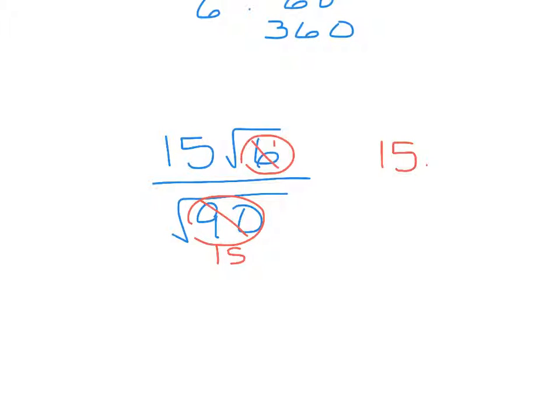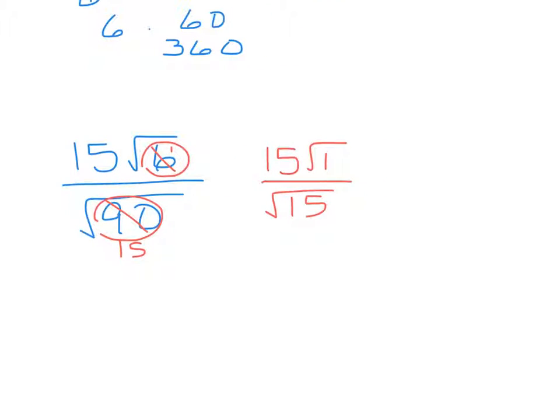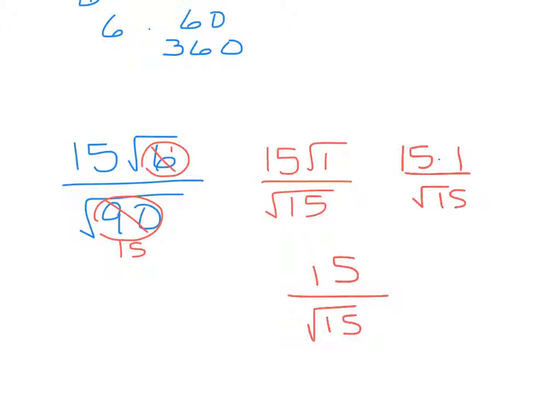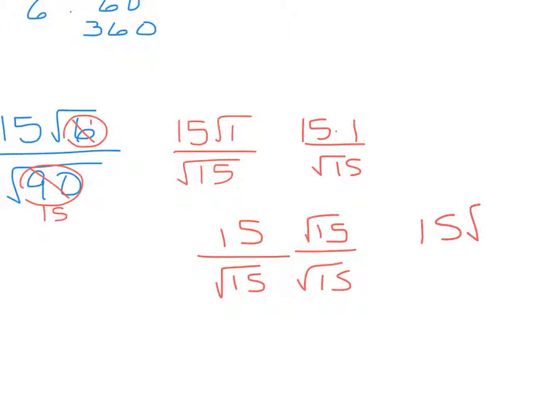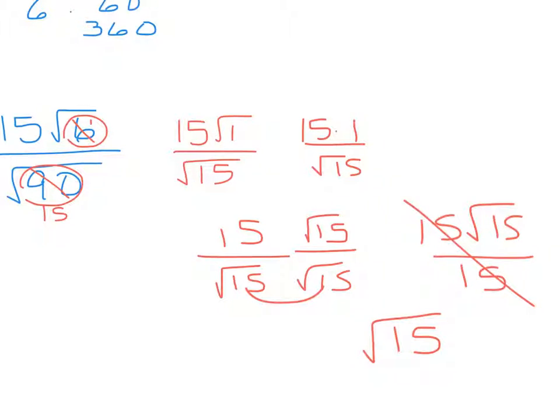So I could change this to 15 times square root 1 over square root 15. Now the square root of 1 is 1, so my numerator just becomes 15 times 1. So now I have 15 over the square root of 15. And again, you can't leave a radical on the bottom, so we have to rationalize again. So 15 times the square root of 15 over 15, because the pairs make it come out. They simplify. Final answer is just square root 15.